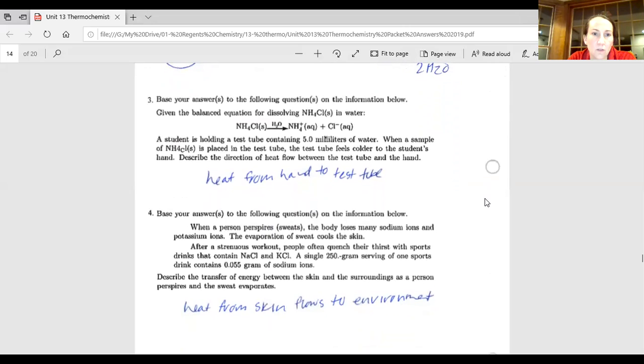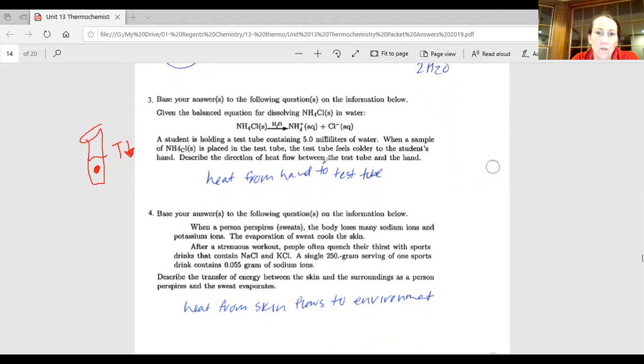All right, so let's talk about these. Okay, so it says a student is holding a test tube containing 5 milliliters of water. When a sample of NH4 is placed in the test tube, it feels colder, so the temperature goes down.